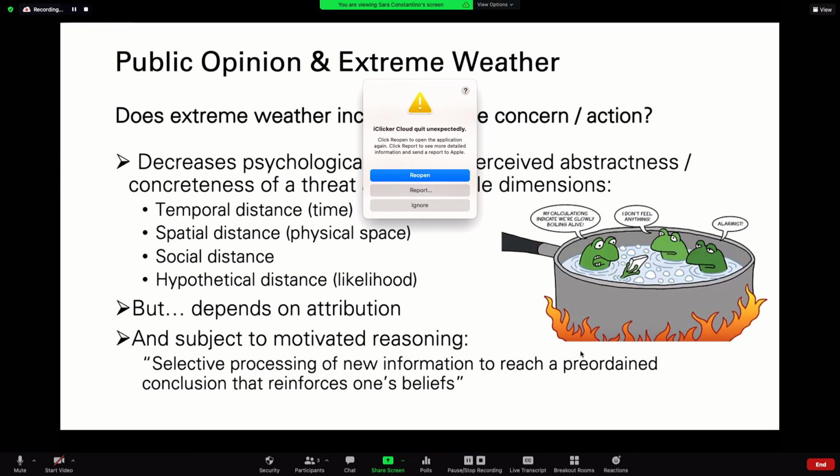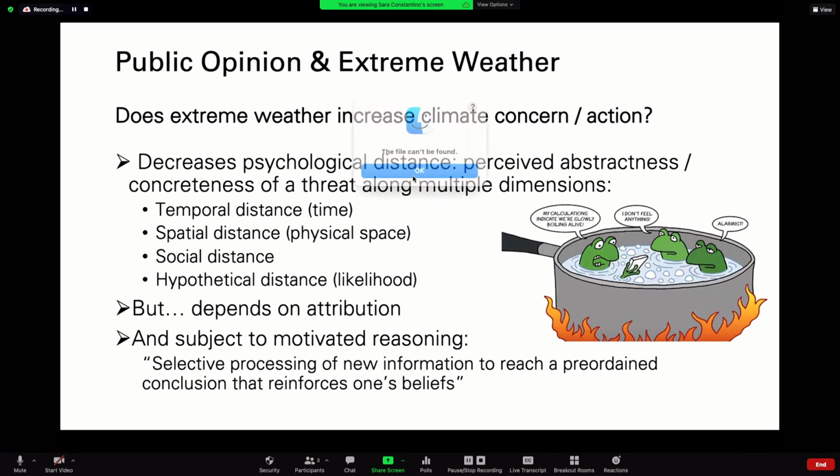But for experience to impact your climate concern or action, it also has to be attributed to climate change, for experience of extreme weather. And so it depends on people making this kind of causal attribution. And it's of course subject to the partisan motivated reasoning that we talked about. And so people can experience the same exact event very differently.